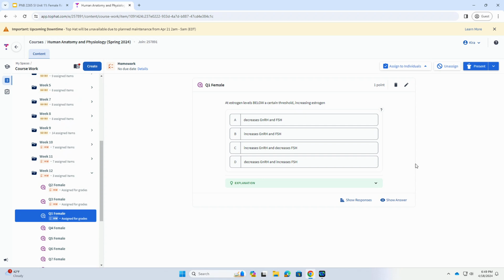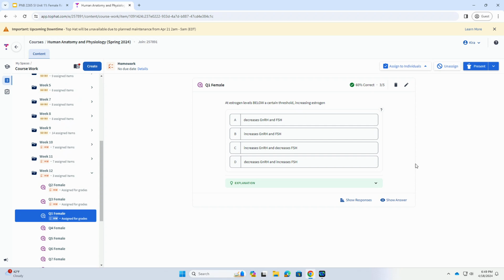At estrogen levels below a certain threshold, increasing estrogen does what? This one's kind of tough. So that corresponds to this point here.